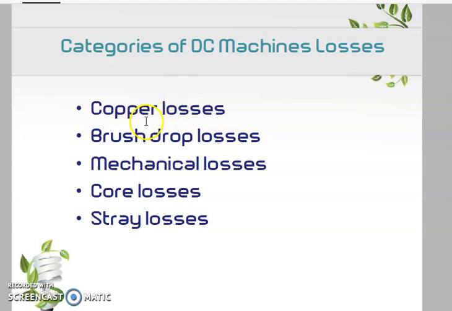Some of them are copper losses, brush drop losses for DC, since other kinds of motor do not have brushes, but this is focused on DC. Then mechanical losses and friction in the bearings and the air gap between rotor and stator, and core losses inside the magnetic elements, stray losses, and the thickness of the steel lamination.